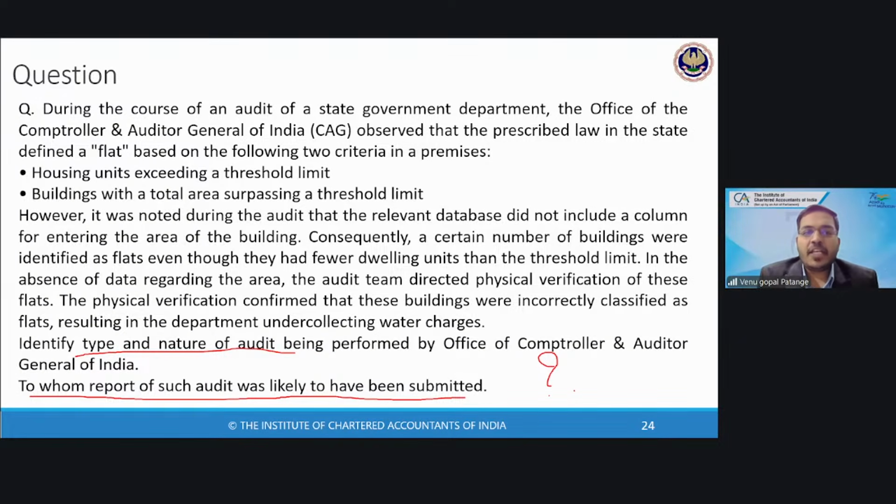Any guess, even a guess is fine. So the question here is, we need to tell which type and nature of audit it is and to whom the report of such audit was likely to have been submitted.